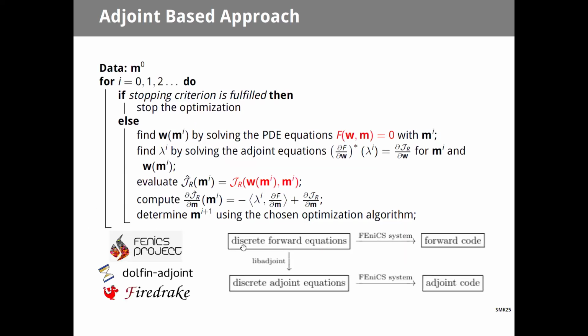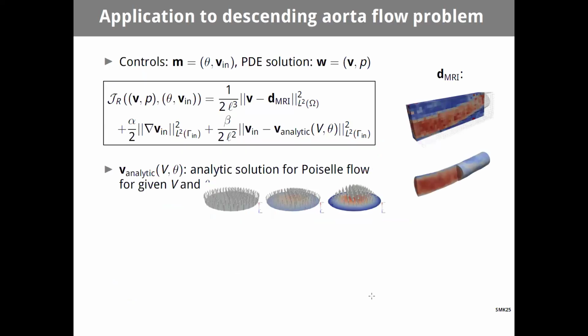This can be done quite nicely, again, using the FEniCS and dolfin-adjoint library, which, if you supply the forward problem, FEniCS creates some forward code, but it also has the possibility to derive from your forward problem the adjoint equations to solve the optimization problem and compile them again to working code. So let me show some example.